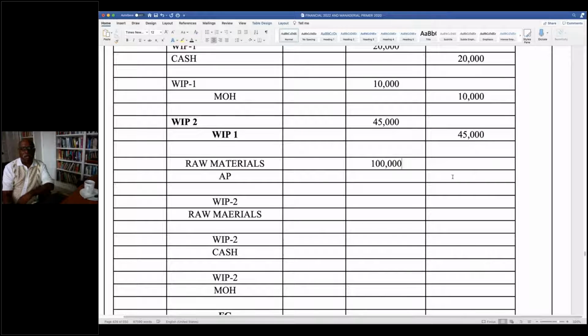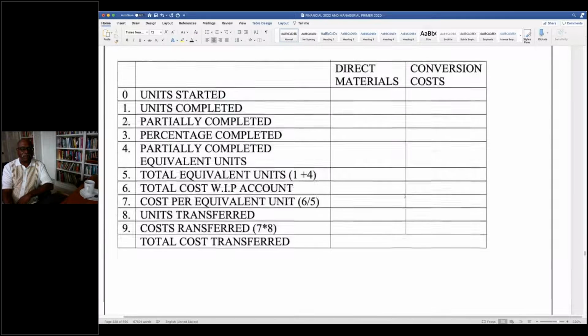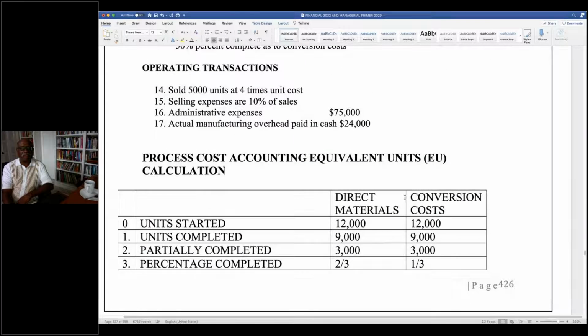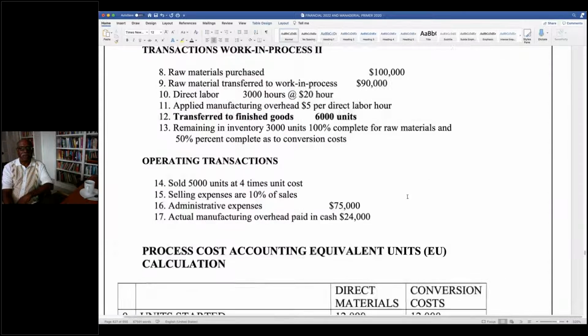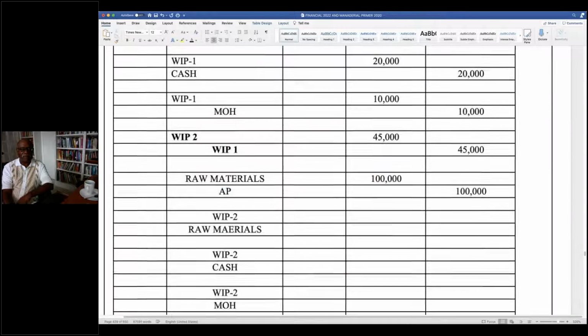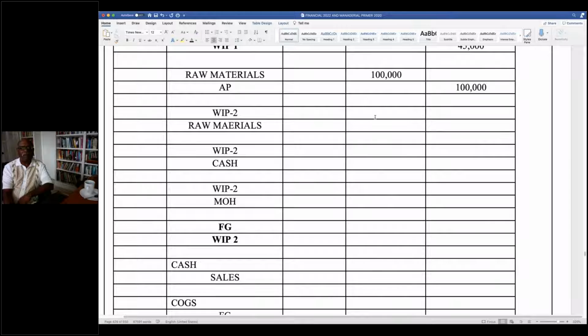Now we're adding the raw materials for process 2. Then what do we do next? It says the raw material transferred to work in process was 90,000. So I debited work in process 90,000 and then credited 90,000 to raw materials.